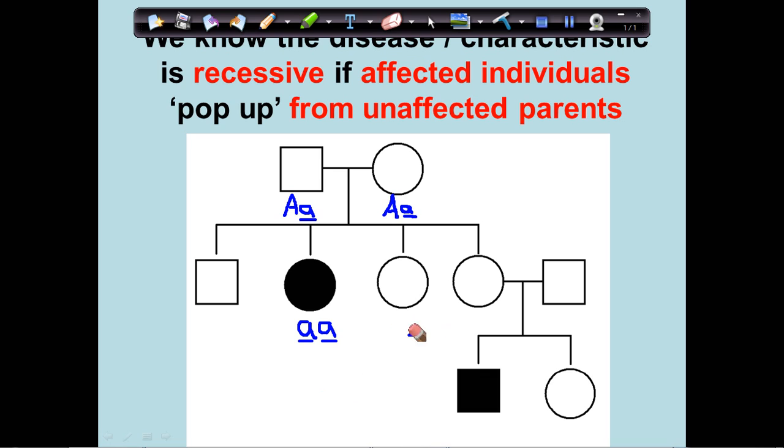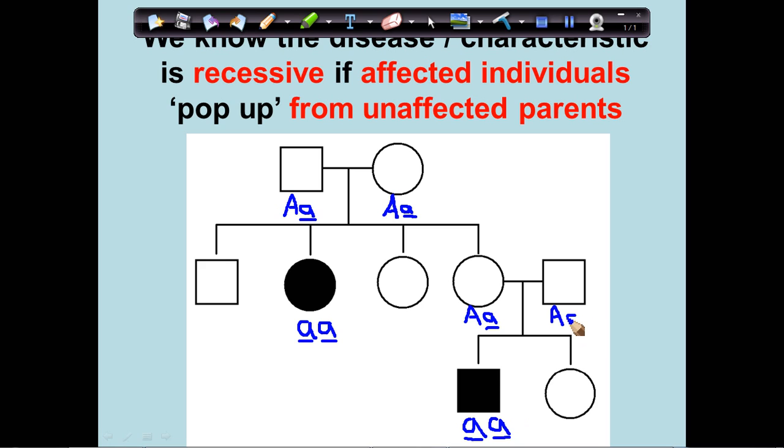So in this situation, we can tell that the affected individuals must be recessive. So the condition must be recessive. So this boy down here, he also has a little a, and the parents must also be carriers, with those hidden little a's.